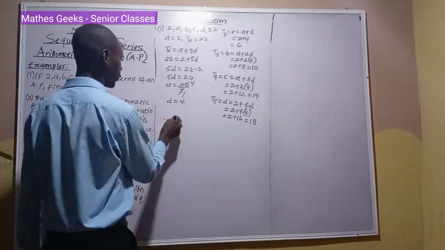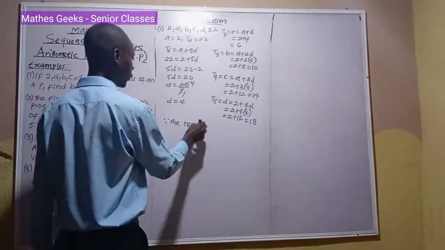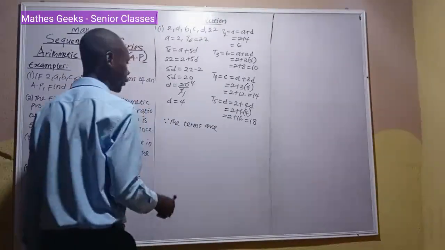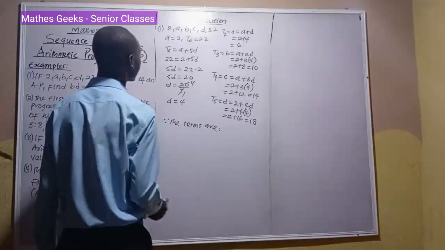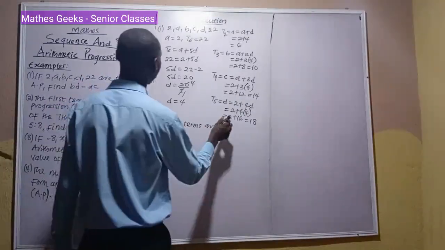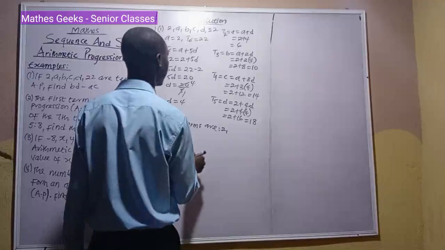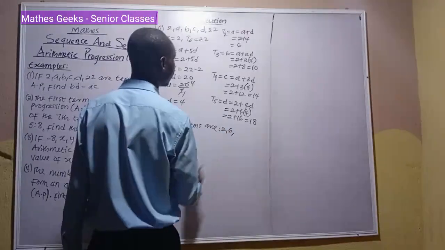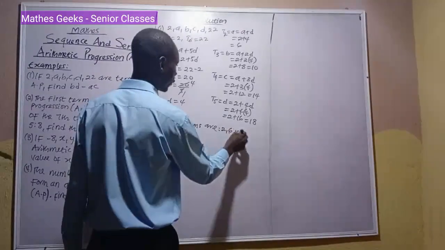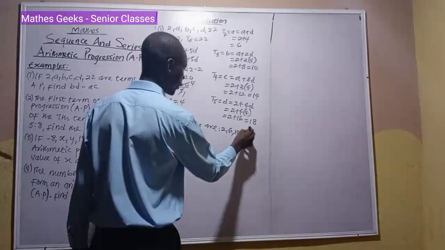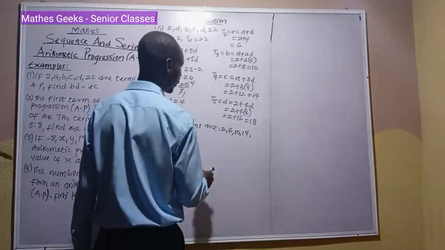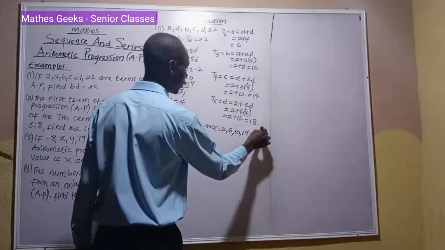So therefore the terms are 2, A is 6, B is 10, C is 14, and D is 18, and then 22.